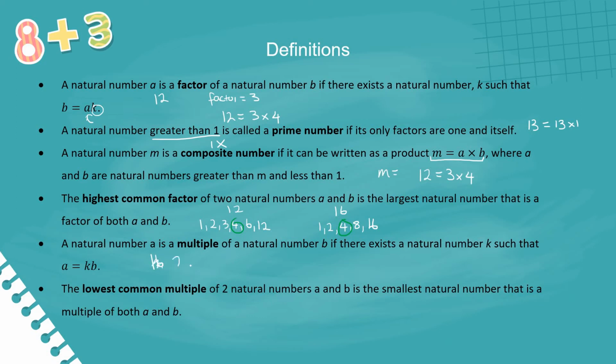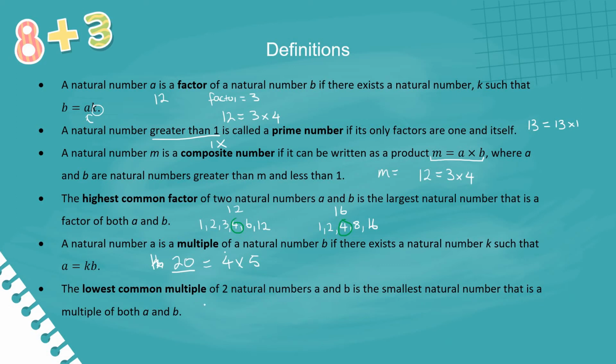Let me go instead: 20 is a multiple of 4 because it is possible to multiply 4 by another natural number to get 20. So looking at this, we can say 20 is a composite number. 20 is a multiple of 4. We could say 4 and 5 are the factors of 20. So these things do go backwards and forwards.